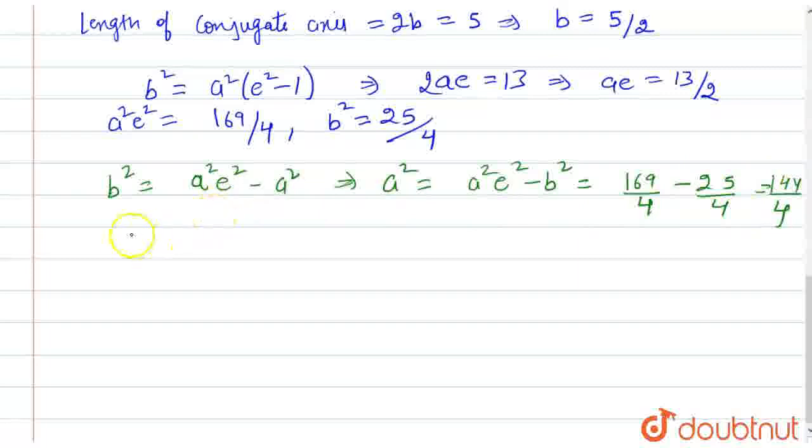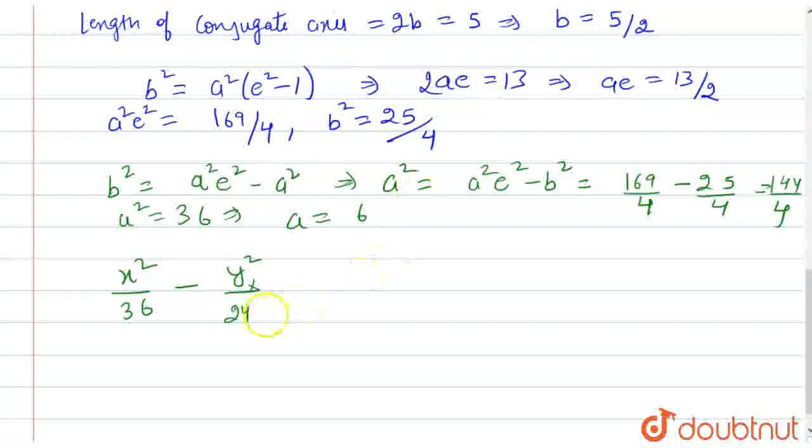That is a square is equal to 36. That is a is equal to 6. So the equation will be x square by 36 minus y square by 25 by 4. Sorry, this is 25 by 4 is equal to 1.